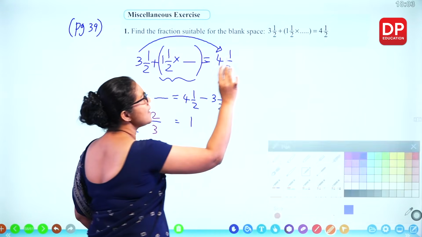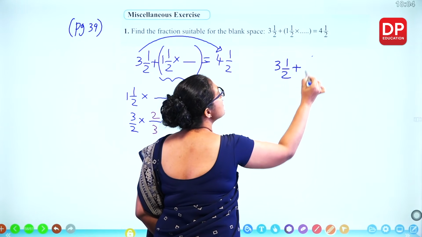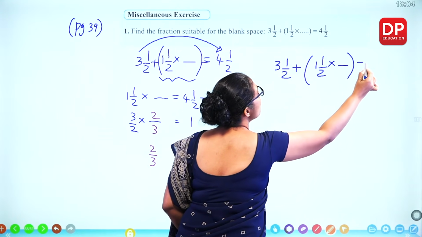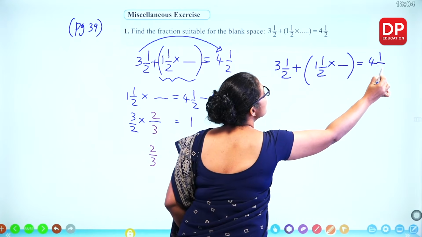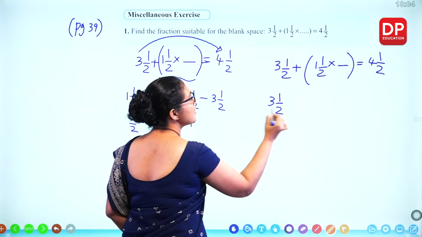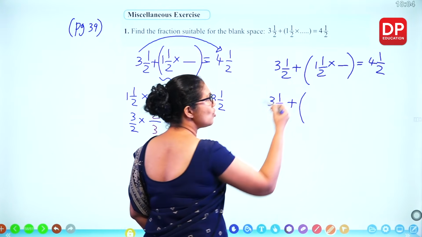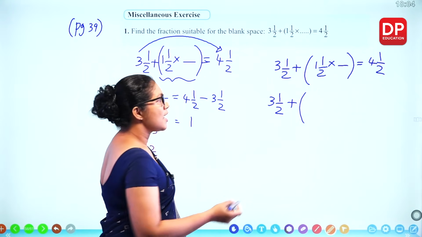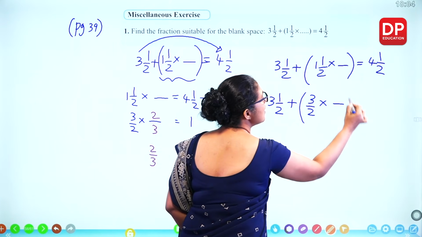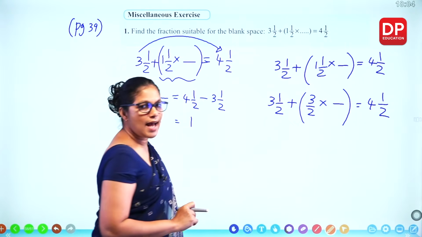Another method to find out the answer. So without taking this one to the other side, what you can see, 1.5 times something is 4.5. So here first we can simplify this. So we keep this fraction as it is. We can convert this to an improper fraction. 1 times 2, 2, 2 plus 1, 3 over 2 times something. 3.5 is there.